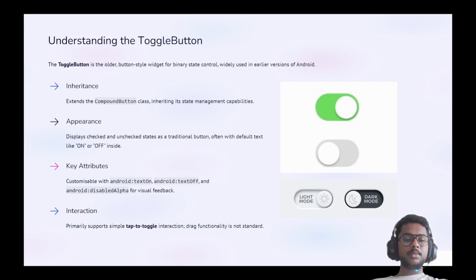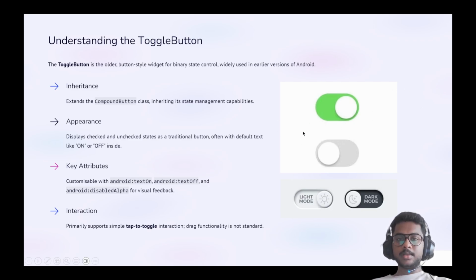The attributes include android:textOn and android:textOff for customizing those labels, plus android:disabledAlpha for dimming when inactive. Interaction is straightforward: just tap to toggle, no dragging. There is no dragging involved.